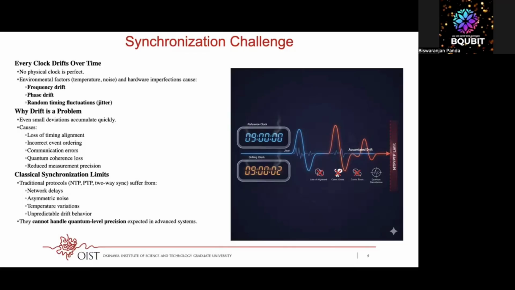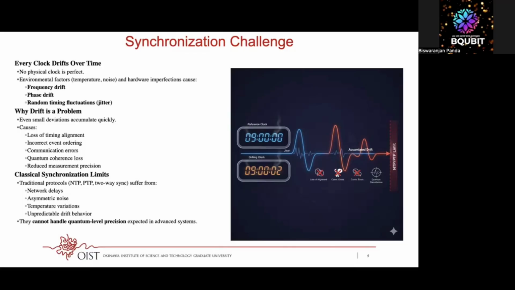Okay, so now we'll see what classical synchronization limits. There are certain protocols which people are using nowadays, which are called NTP, Network Time Protocol, Precision Time Protocol, PTP, two-way sync. These things are there. But in these protocols, the problems are network delays.